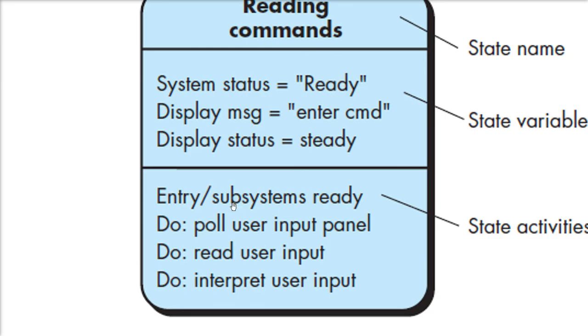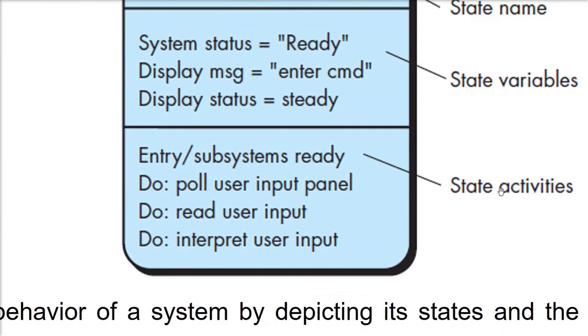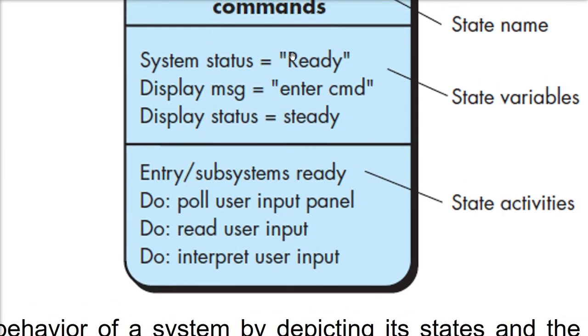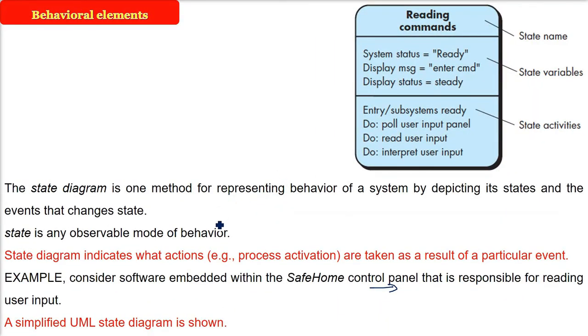The system status is ready right now. It is the present behavior. Now it will change. If it is not ready, things will change. I hope you got the idea. The system status is ready for all you see here. But if the system status is not ready, the display message and display status will change, and the state activities will also change. It will give you the behavioral elements.